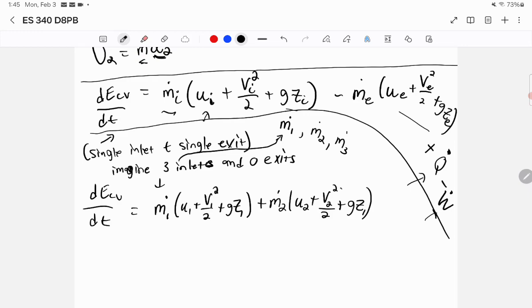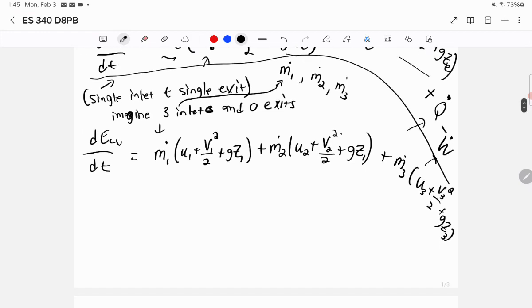There's a reason why I'm writing this out: if I put it in a sum, sometimes that doesn't map back into people's brains. So I just wanted to write out a couple of examples like this. And that would be plus Q dot minus W dot.